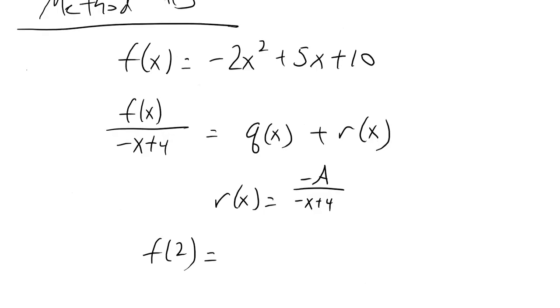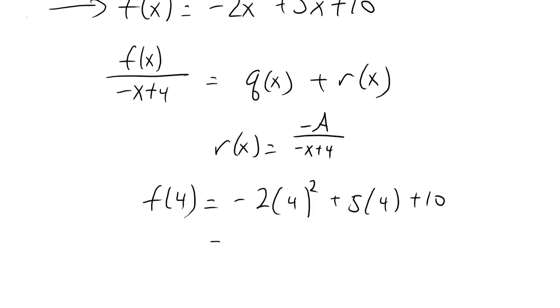So we can get that constant by evaluating f. What is f of 2? Sorry, not f of 2, f of 4, basically where you have a divide-by-0 problem. So I'm plugging into our f of x definition up here: minus 2 times 4 squared plus 5 times 4 plus 10.